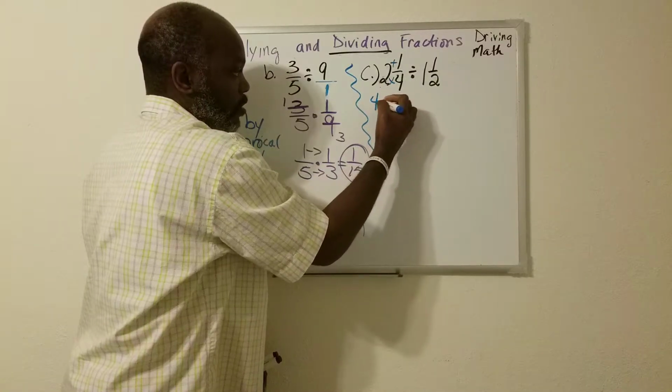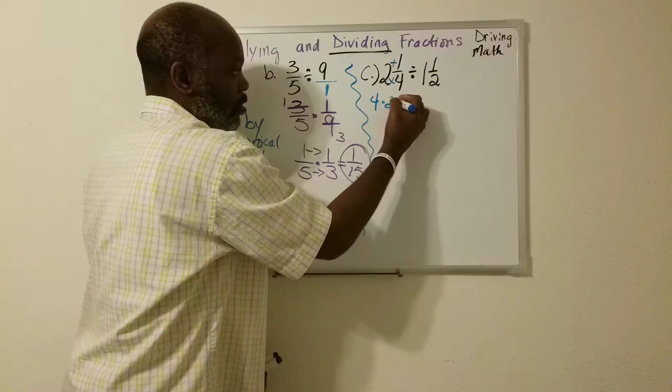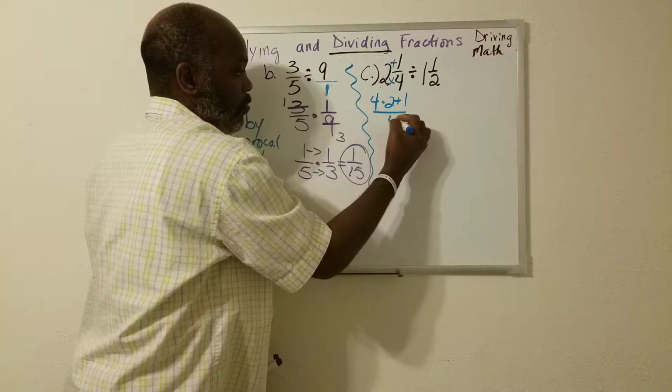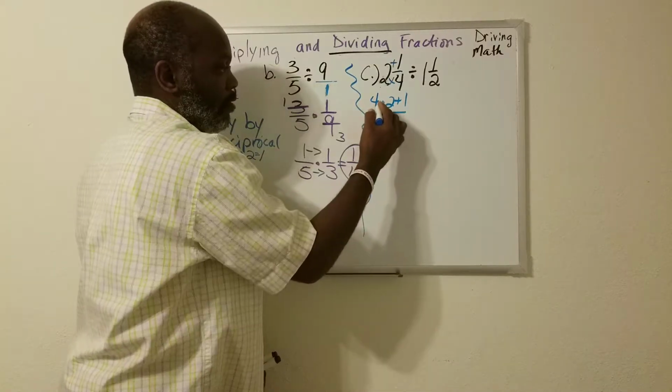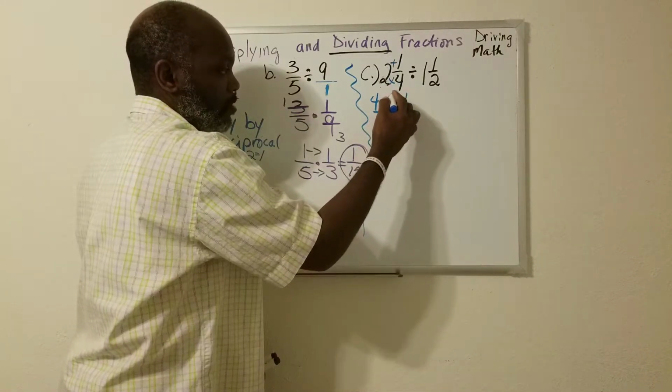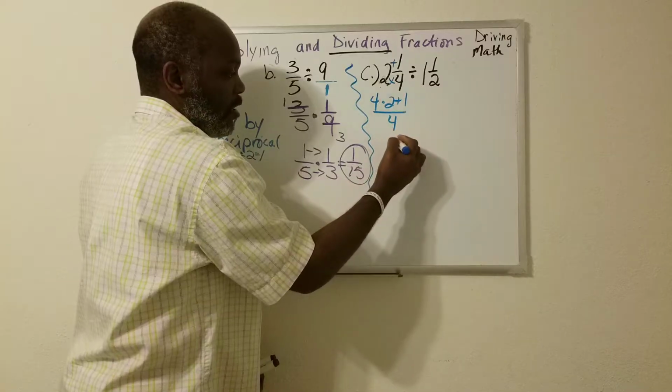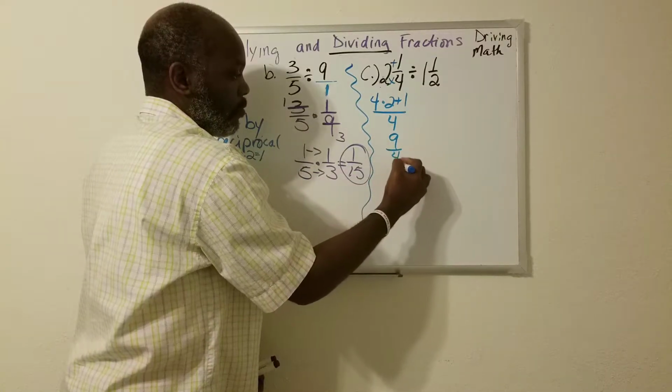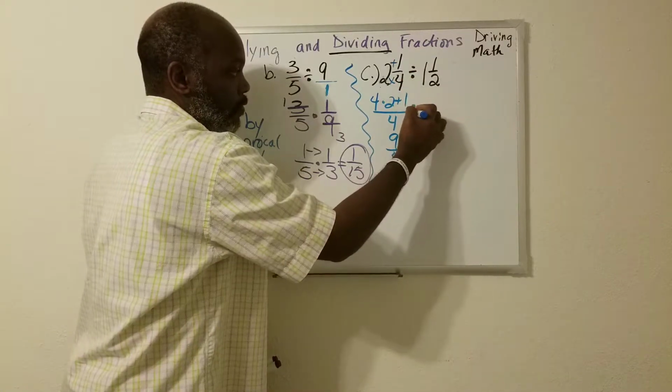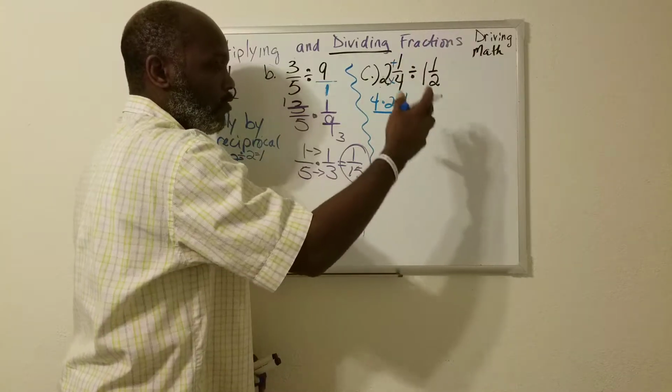So it looks like this: 4 times 2 plus 1 over the denominator 4. 4 times 2 is 8. 8 plus 1 is 9. 9/4. We keep the division sign until we follow all the steps.